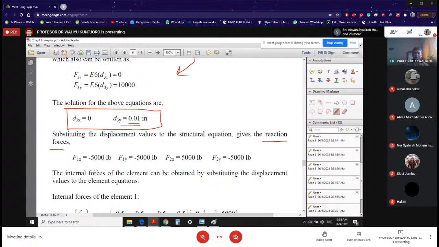F1x is minus 5,000. F1y minus 5,000. F2x 5,000. F2y minus 5,000. So let's look at how we can draw this. F1x, F1y, minus 5,000 each.